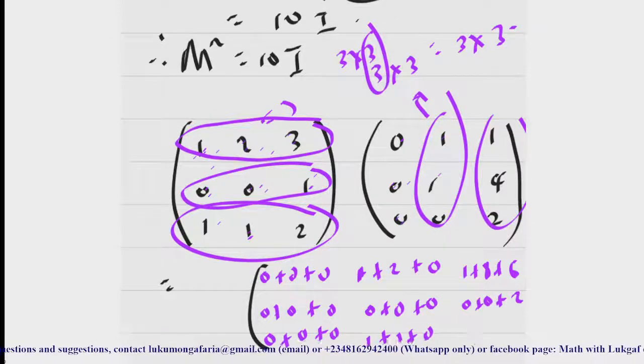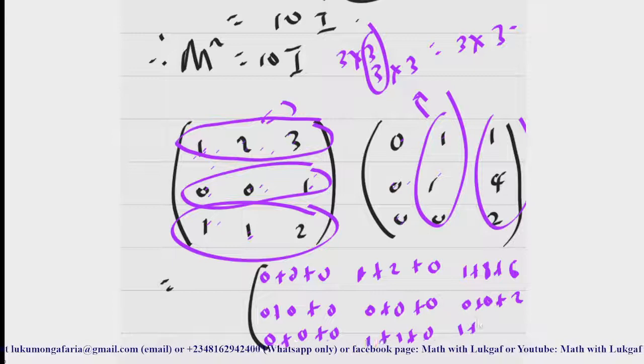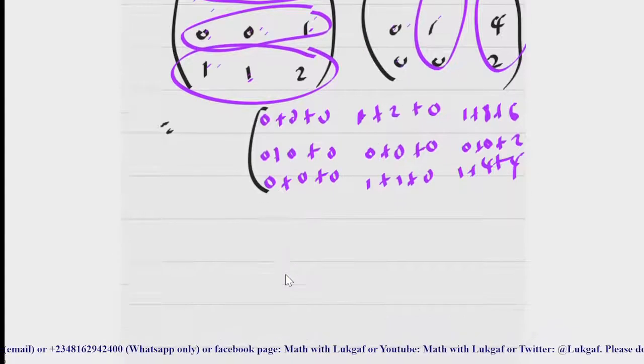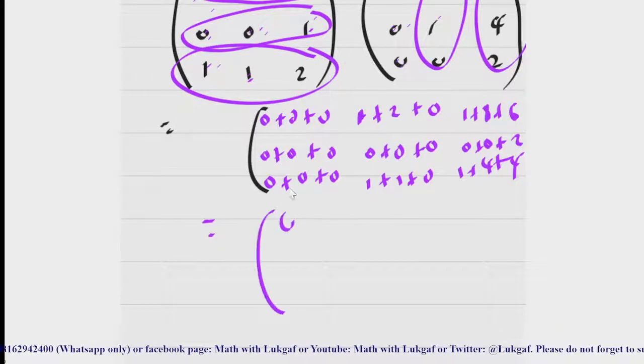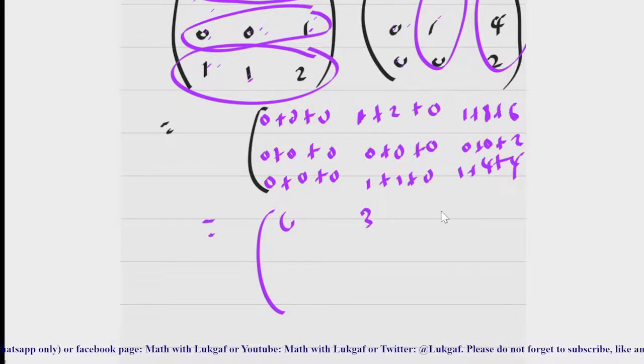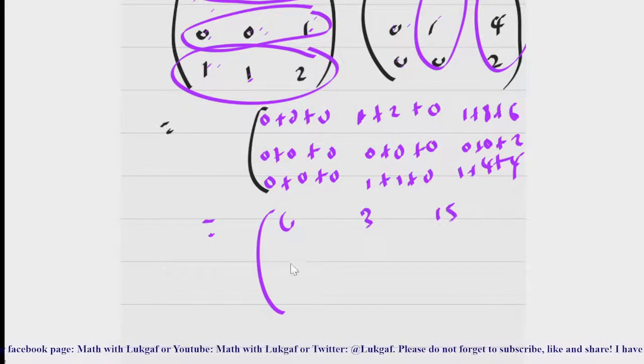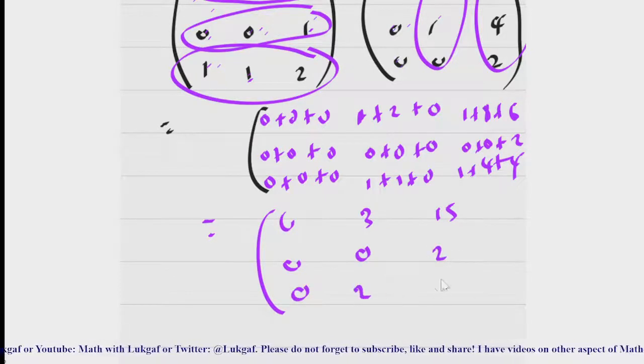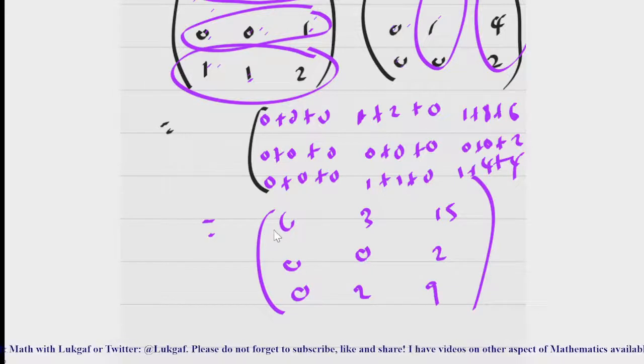Then the third column, 1 times 1, 1, plus 1 times 4, 4, plus 2 times 2, 4. So if you simplify further, this will give me 0, 3, 15, 0, 0, 2, 0, 2, 9. And that's the product of the matrices. You can see multiplication is as simple as that.